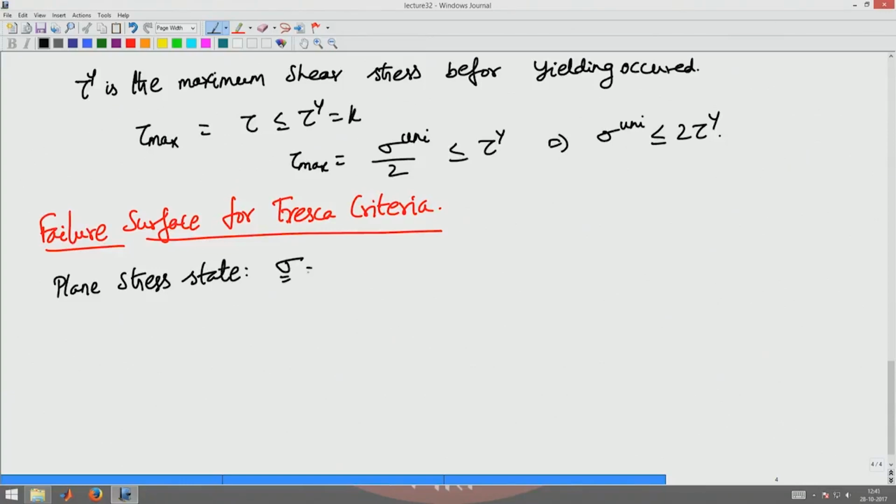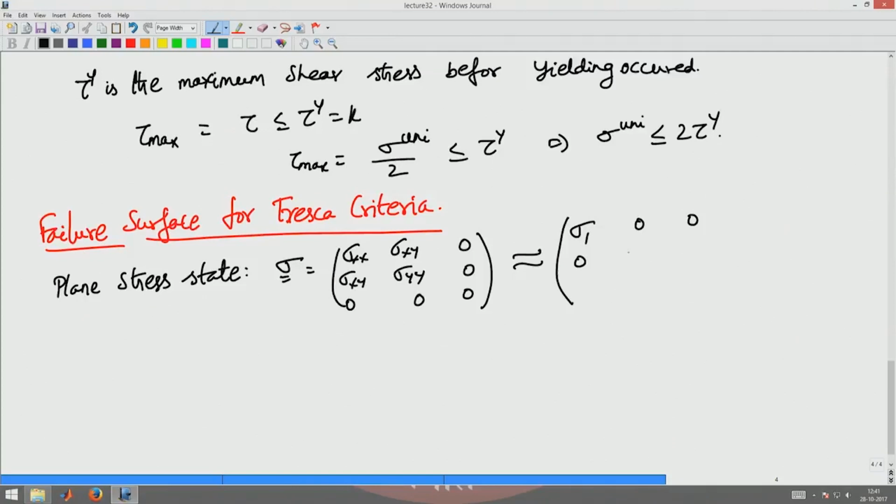So, sigma is given by sigma xx, sigma xy, 0, sigma xy, sigma yy, 0, 0, 0, 0. This I can equivalently represent as sigma 1, 0, 0, 0, sigma 2, 0, 0, 0, 0.